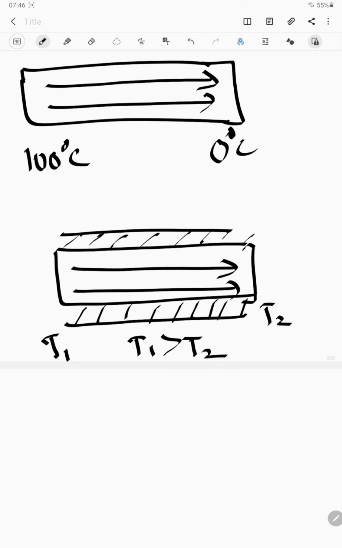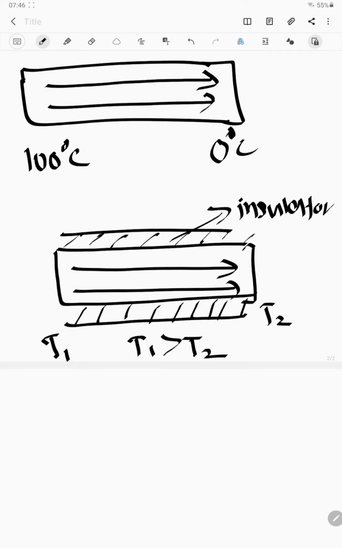Okay, and then what happened here is, by assuming no heat is lost to the surrounding. Kenapa tak ada haba yang hilang di sekeliling dia? Sebab sekarang metal rod tadi ni, kita dah balut dia dengan insulator.